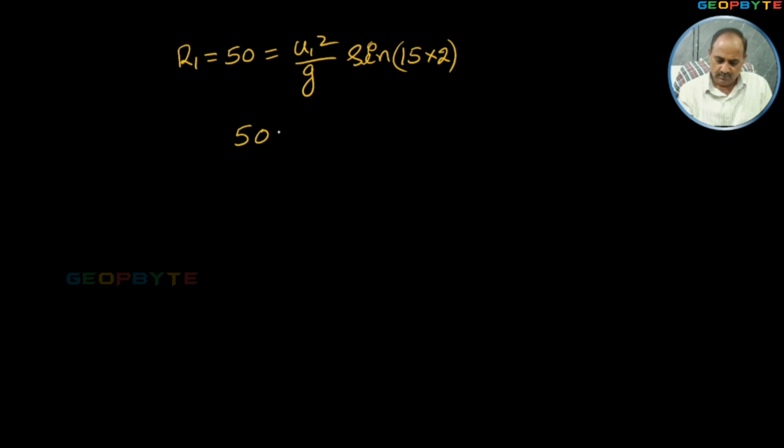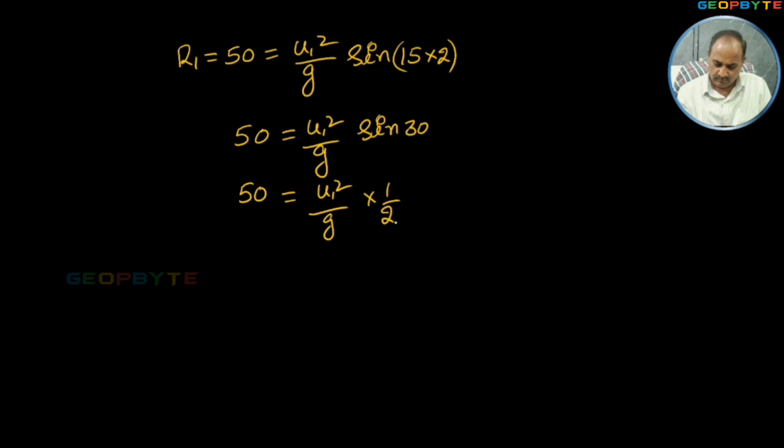So 50 equal to u1 square by g sine 30, sine 30 is 1 by 2. So 50 is equal to u1 square by g into 1 by 2. From this I can write that u1 square by g equal to 100.